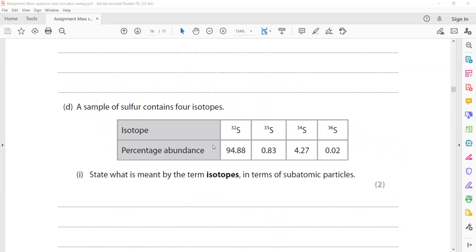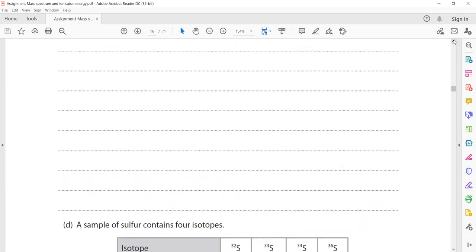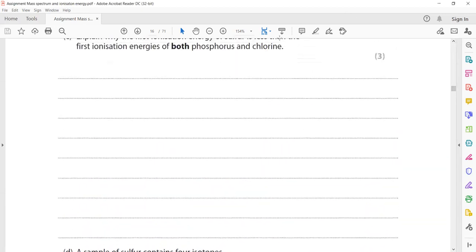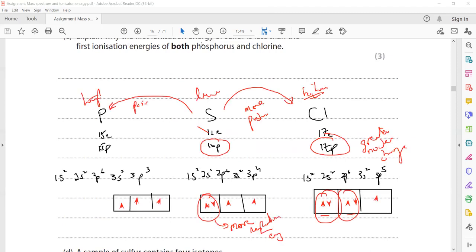Yes, more nuclear charge means higher ionization energy, but sulfur does not follow that. When you compare, phosphorus has 15 protons, sulfur has 16 protons. So sulfur has more charge, but there is a pair of electrons. Their repulsion is higher. That's why it becomes easy to remove.